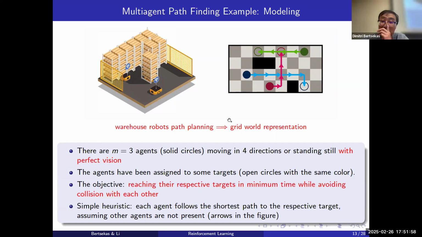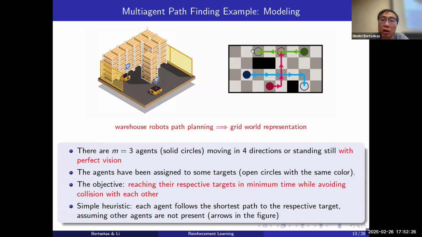A simple heuristic in this context could be that each agent follows the shortest path to its respective target, assuming all the other agents are not present. As shown in this figure, that means this agent simply moves in this direction and all the way upwards. It can reach its target in the shortest time.